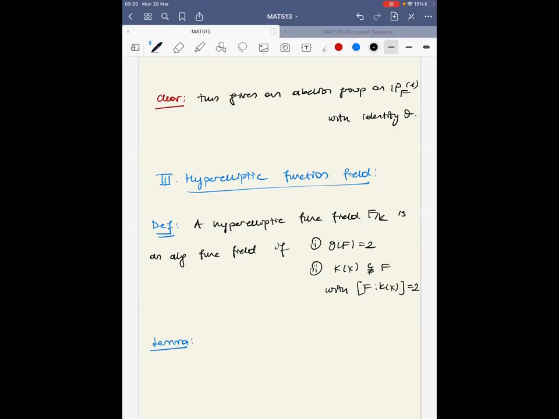Indeed, as an alternative characterization, we can also observe that for a function field F with genus bigger than or equal to 2, F is hyperelliptic if and only if it contains degree 2 divisors of dimension at least 2.